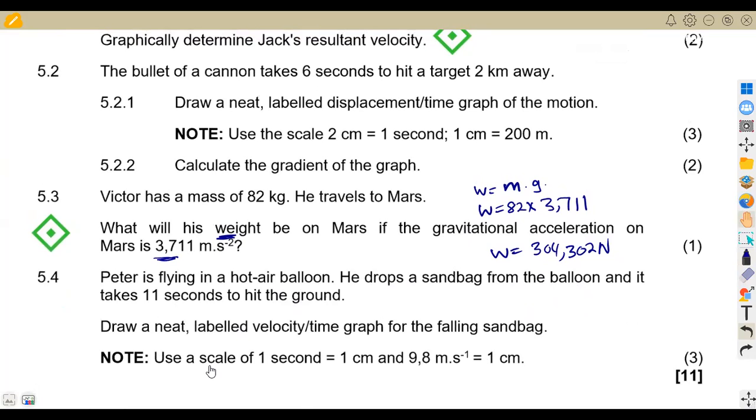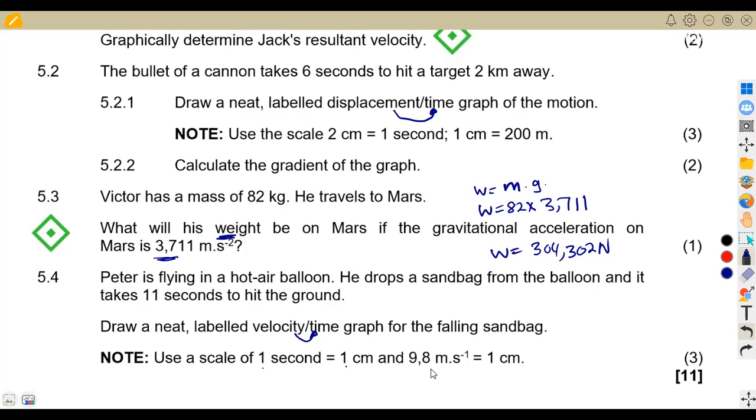Draw a neat labeled velocity time graph. Take note, this time it's a velocity time graph. Previously, we drew a displacement time graph. So this time we are referring to a velocity time graph, okay? For the falling sandbag, note, use a scale of 1 second equal to 1 centimeter.